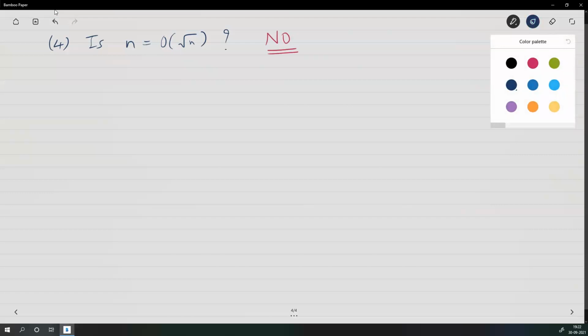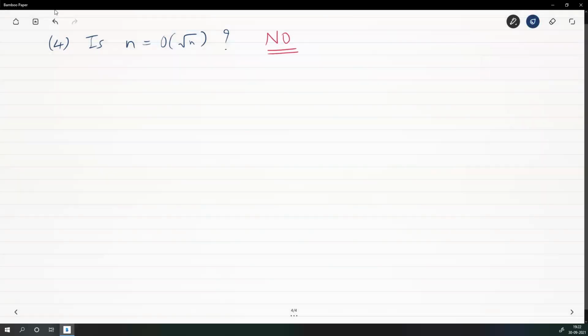So how to prove this? Well, the inequality goes the other way around, that's one way of looking at it. So it should not be very difficult, but for a technical proof one has to be a little more careful. We need an n naught and a constant such that this is true, if we have to show that n is big O of square root n.